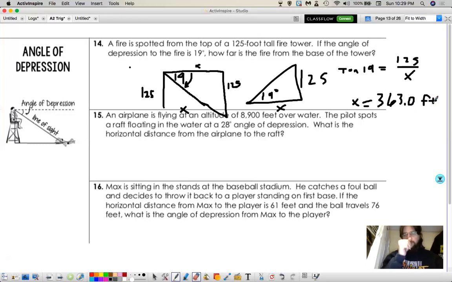You might be wondering why I put the 0.0. It is significant. If you know anything about significant digits, you know exactly what that means. If you don't, just think about it this way. If I know that it's exactly 363, and I were rounding, this number says that I rounded to the tenths place.